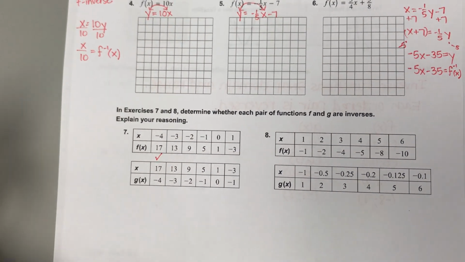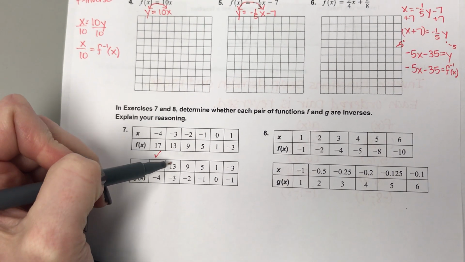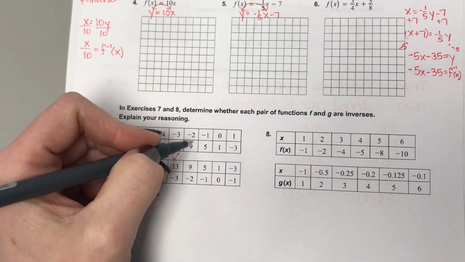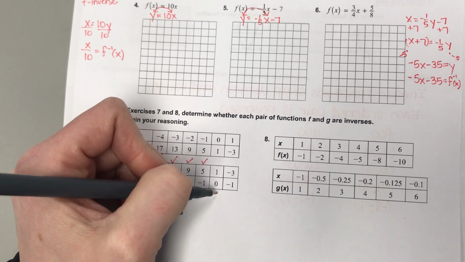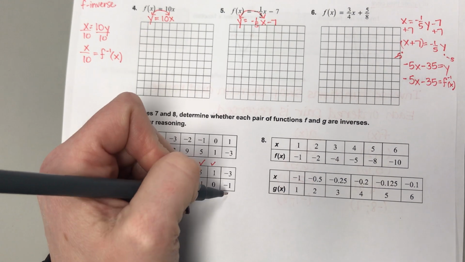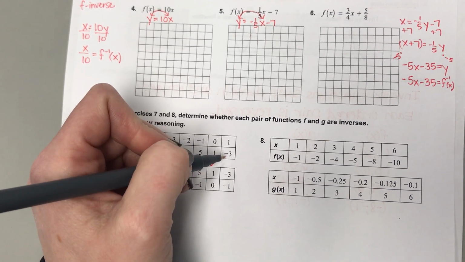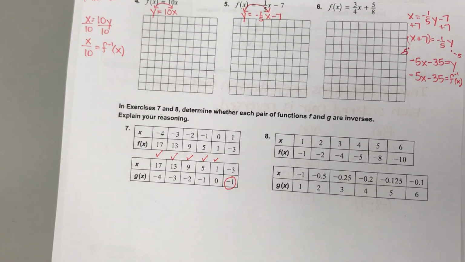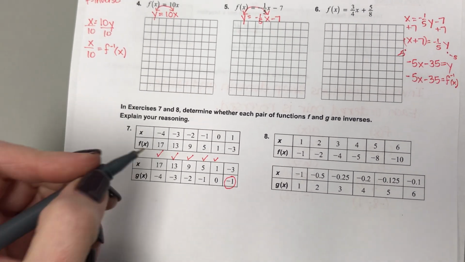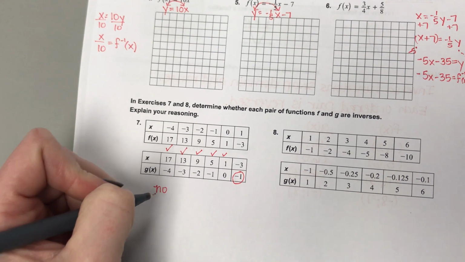So that one's good. Negative 3, 13. 13, negative 3. Also good. Also good. Also good. Good. Not good. This was 1, negative 3. Now it's negative 3, negative 1. So because that's not a positive 1, it doesn't work. So we would say no.